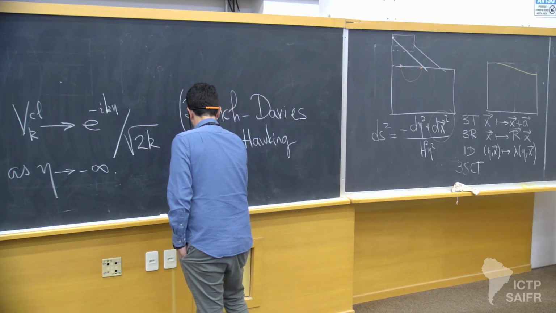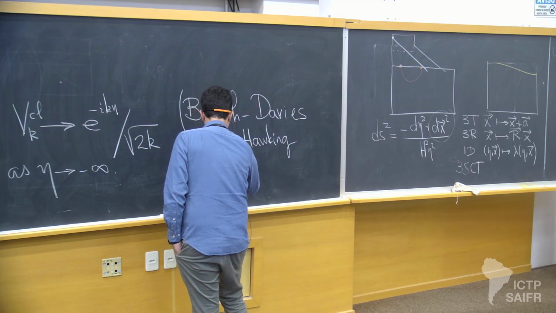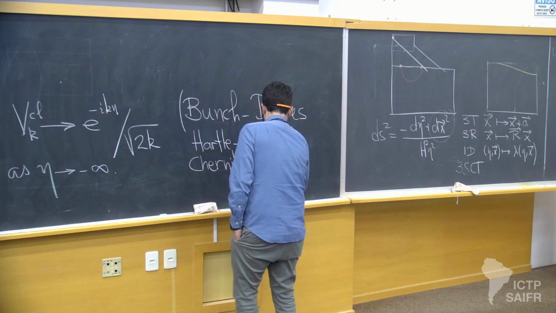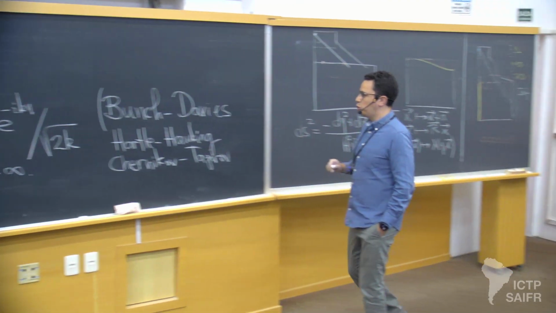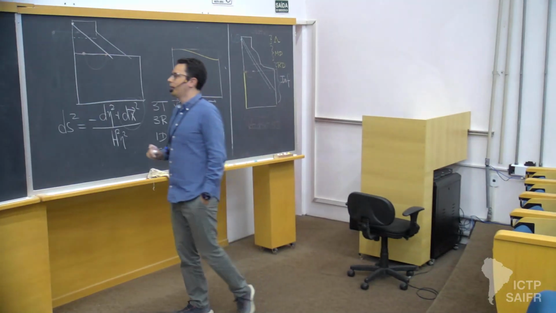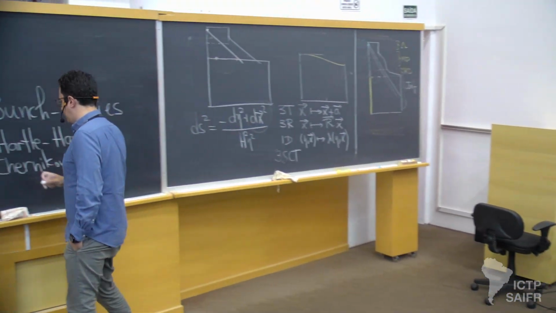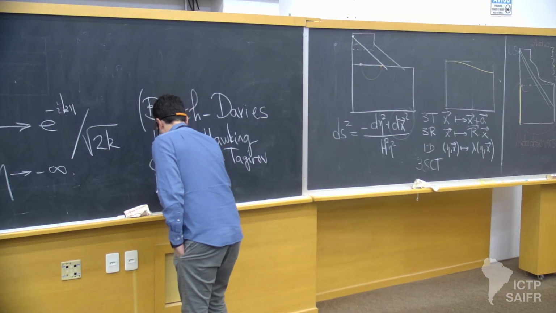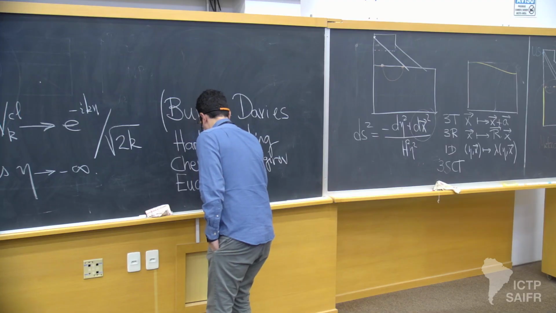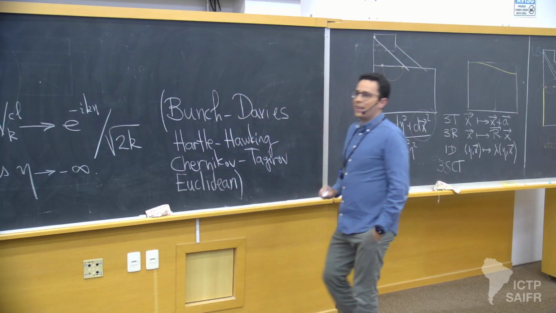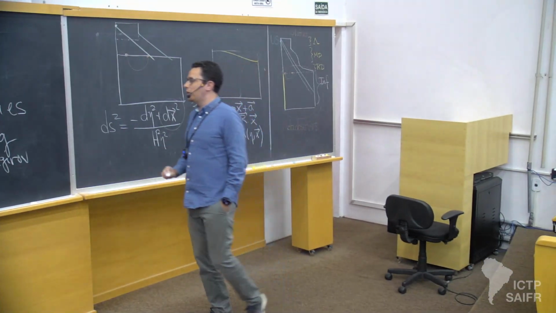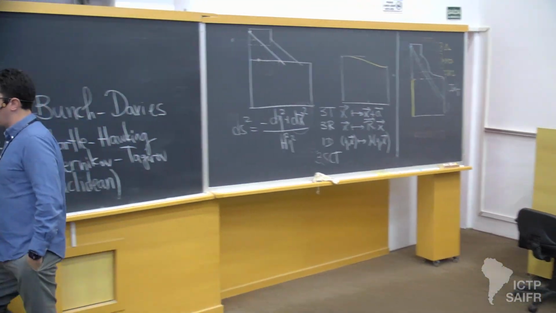It should also be called the Chernikov-Tagirov vacuum. They, as usual, the Soviet Union, they did it before, in the 60s. But we also call it the Euclidean vacuum. Euclid was also thinking of quantizing the free field in de Sitter space. Because he's a little bit older than the others, maybe we should call it the Euclidean vacuum.